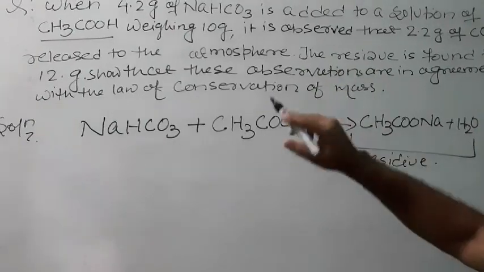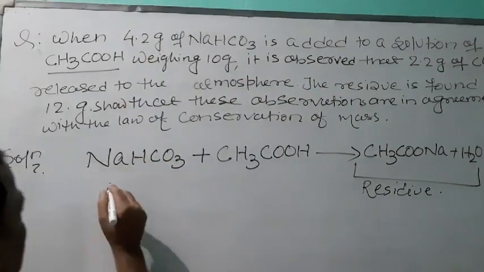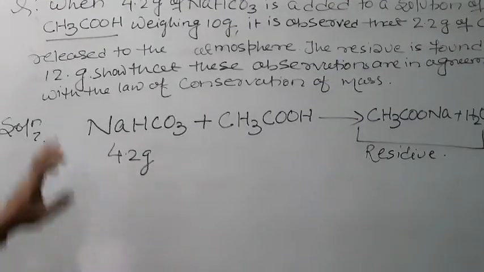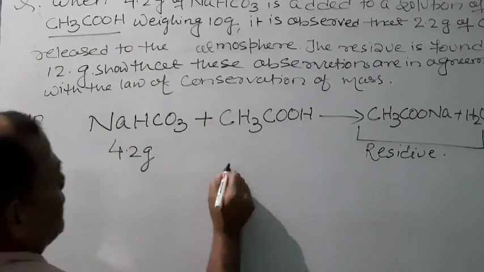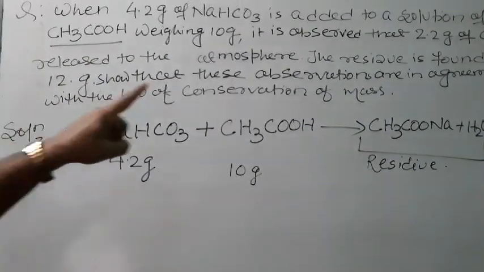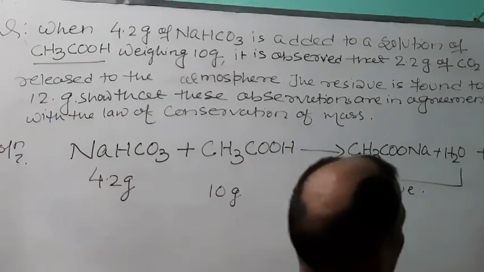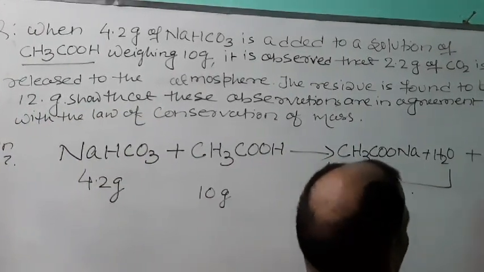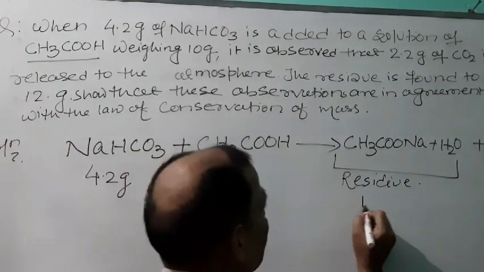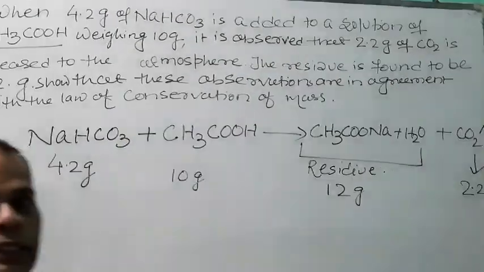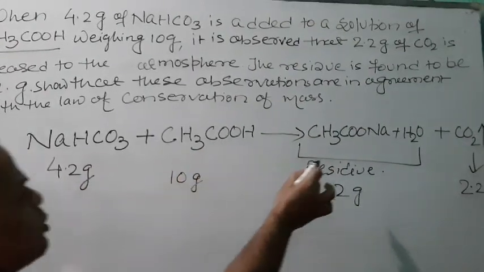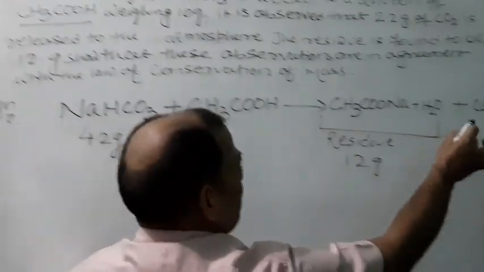The mass of NaHCO3 is given to us, 4.2 gram. Acetic acid is 10 gram. 2.2 gram of CO2, and 12 gram is residue. NaHCO3 plus CH3COOH gives CH3COONa plus H2O plus CO2.